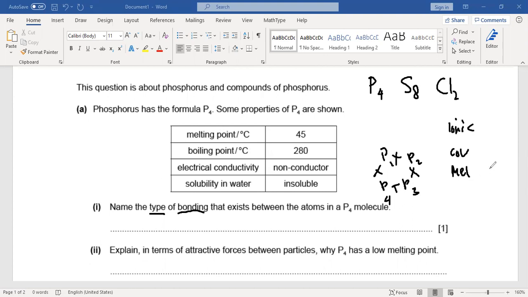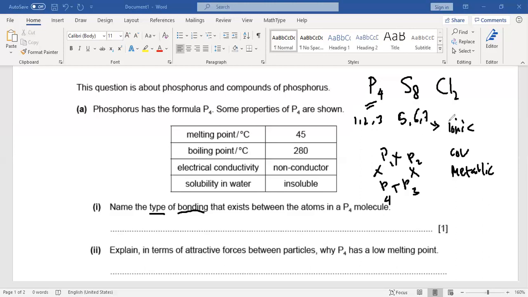Please bear in mind that if you see your periodic table, the position of phosphorus is in group 5. Remember, group 1, group 2, group 3, and then group 5, 6, and 7 tend to form ionic bonding, because group 1 loses 1 electron, group 2 loses 2, and group 3 loses 3, group 5 gains 3, group 6 gains 2 electrons, and group 7 gains 1 electron.